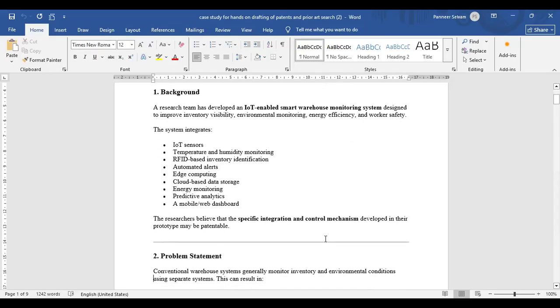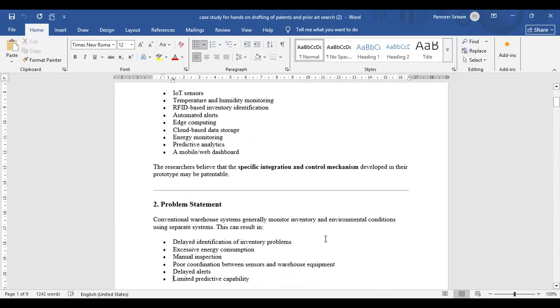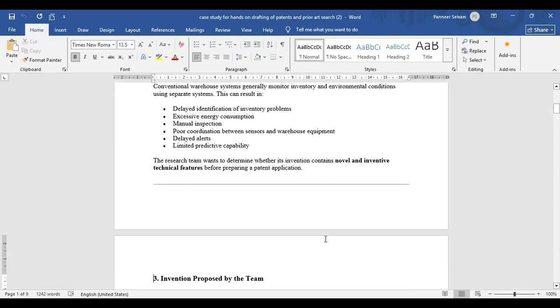Let us first understand the problem statement addressed by the invention. Conventional warehouse systems often use separate systems for inventory monitoring and energy management.